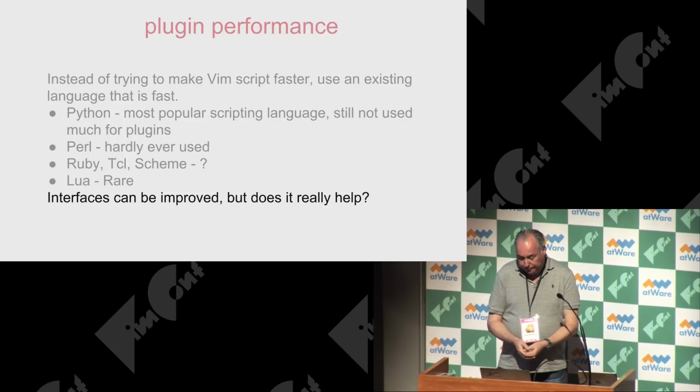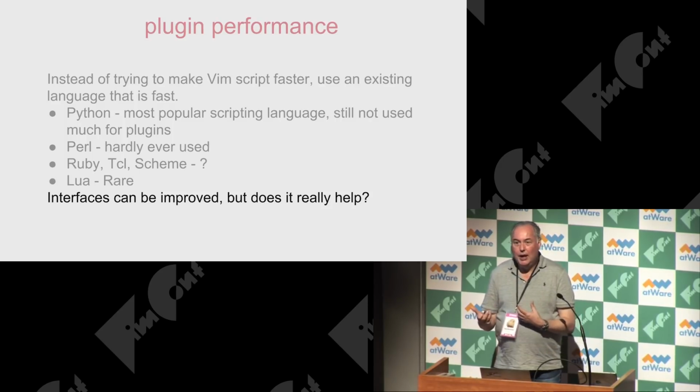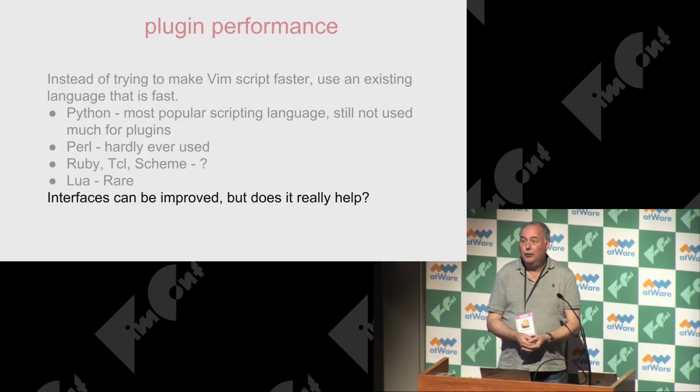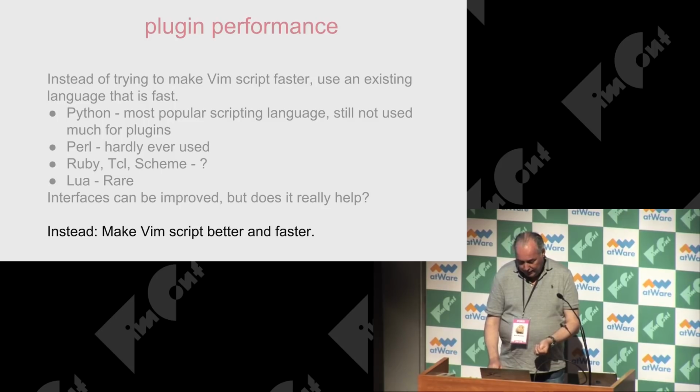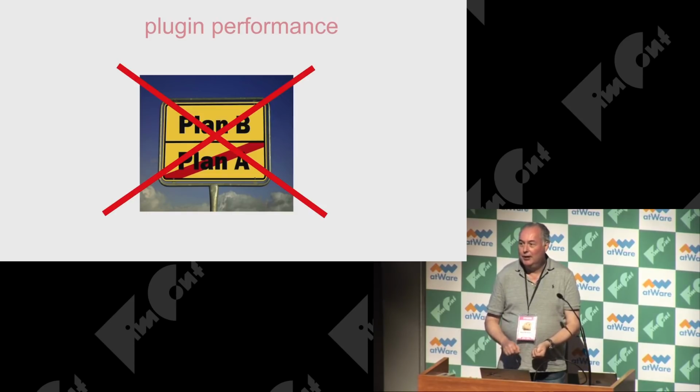So I think we have to realize, we tried to use these languages, but it's not really working well. So I think it's better to forget about that and put our energy in making Vim script better and faster. So let's not do that.